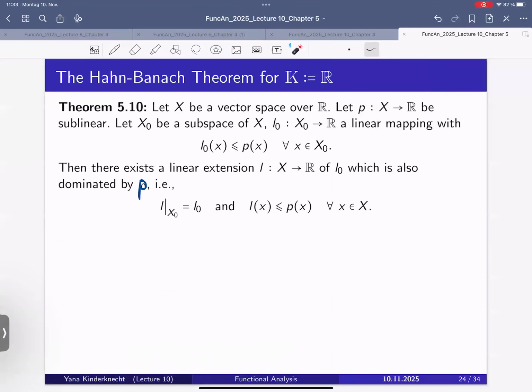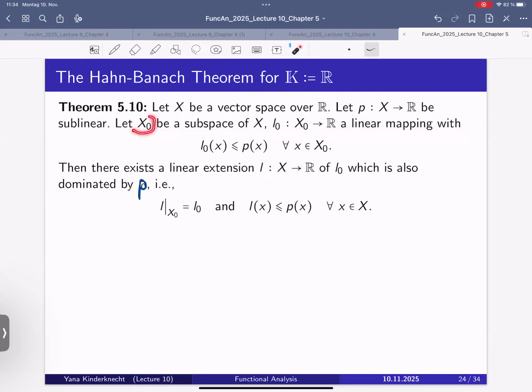Let us look at the statement. We have just some subspace and a linear mapping defined on this subspace.